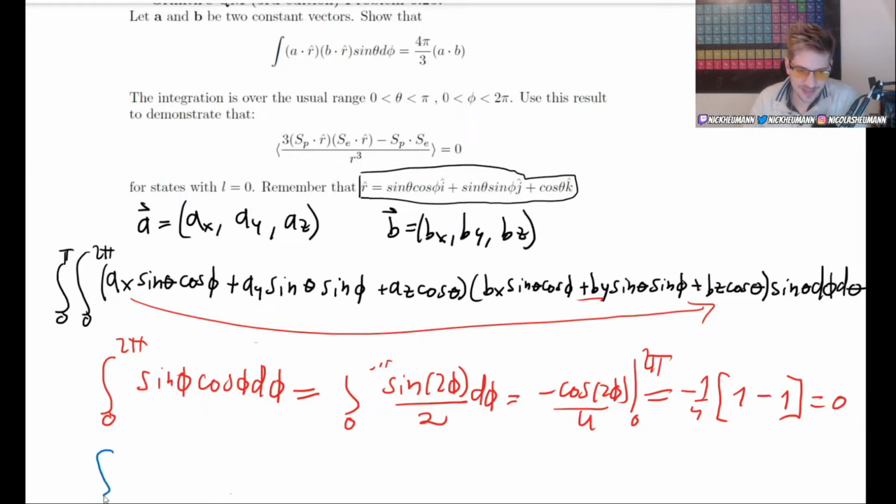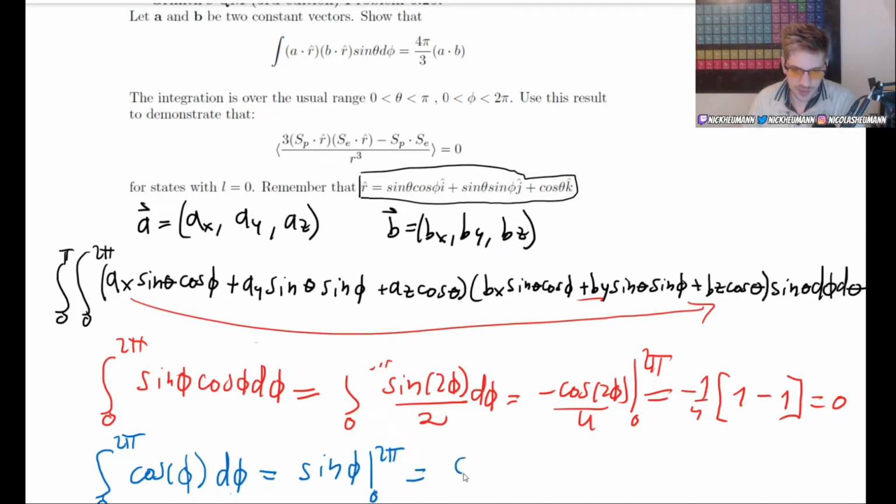But we get the integral from 0 to 2 pi of cosine, not of 2 pi, sorry, cosine phi, and of course d phi. But this is simply sine of phi between 0 and 2 pi, which is 0 minus 0. So super 0, right? So ax times bz is also 0.